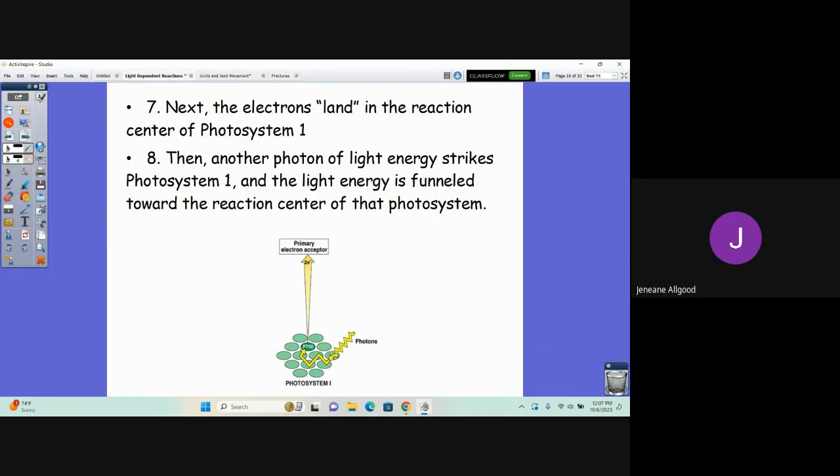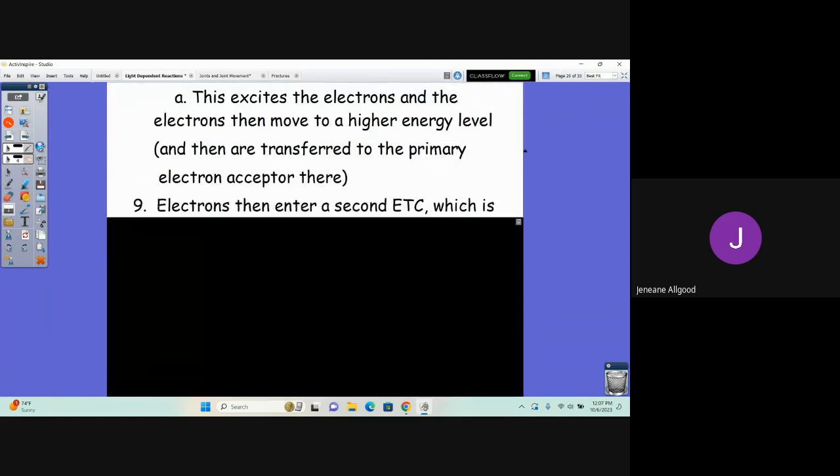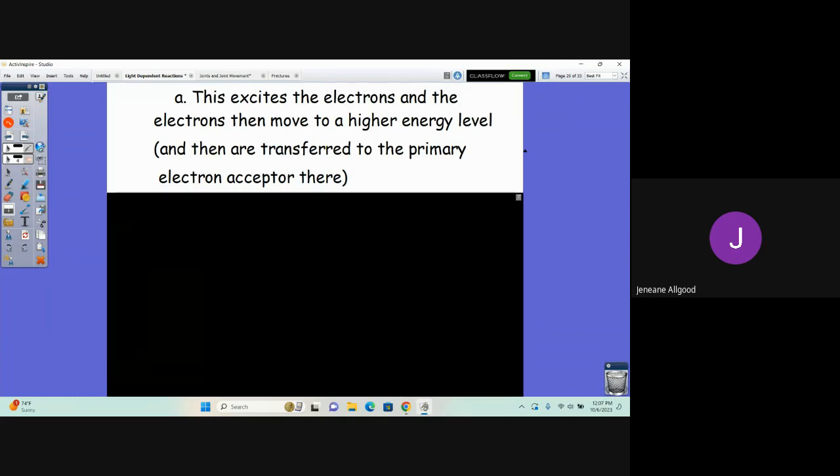You can look at your diagram and see it's not the same thing. We have different proteins in the second electron transport chain, and the second electron transport chain is much shorter than the first. And that is significant. So yes, some of this will seem like a repeat, but I promise not all of it will be.